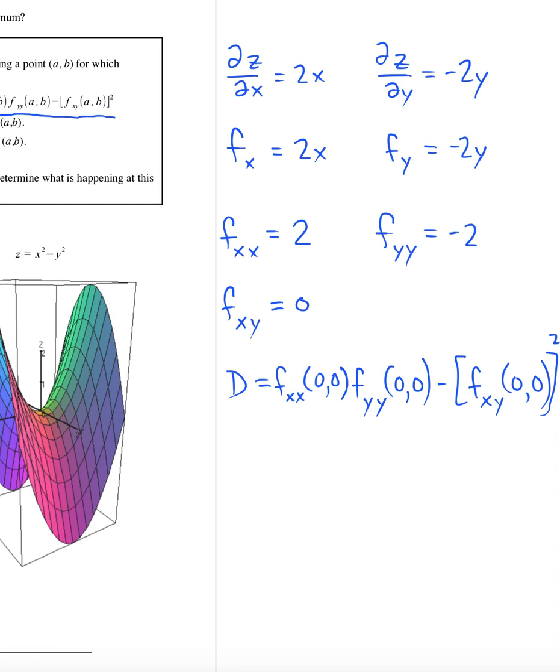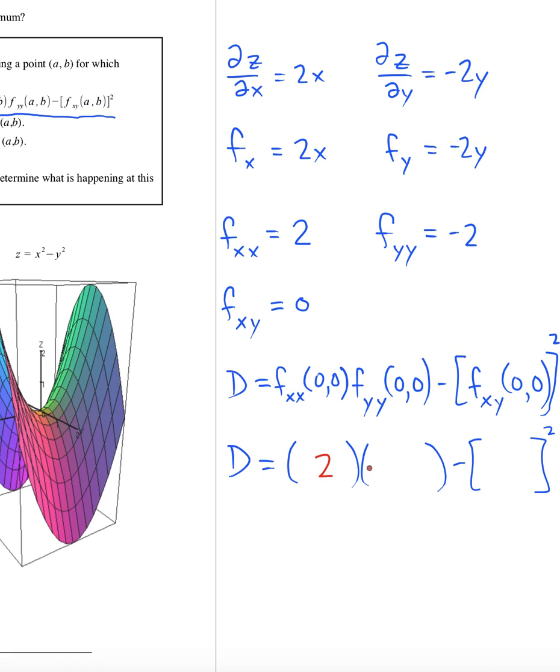So luckily this is an easy one where our second partials are actually all just constant. So it won't matter what x and y we're actually plugging in here. All we have to do is multiply the fxx times the fyy and subtract the fxy squared.